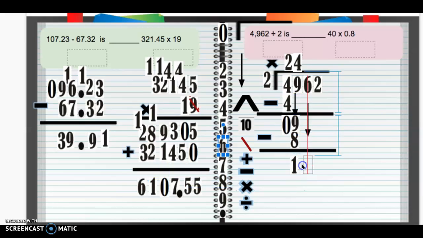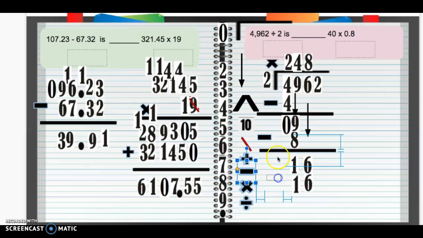So I got to ask myself now, how many times does 2 go into 16? 2, 4, 6, 8, 10, 12, 14, 16. Well, perfect. That's 8. So I put my 8. And then I put my 16 below. And then I subtract and get 0. Bring down the 2.